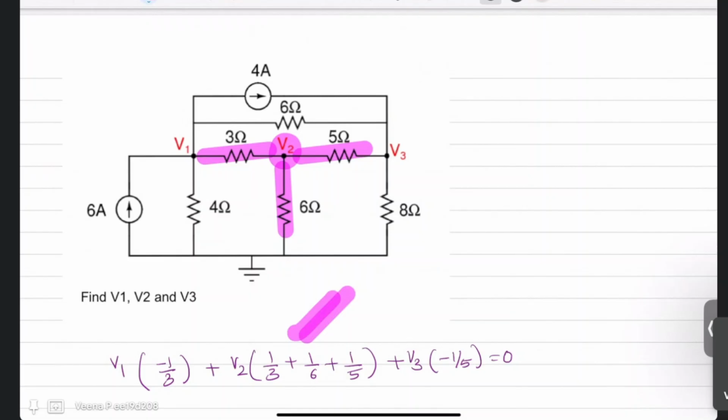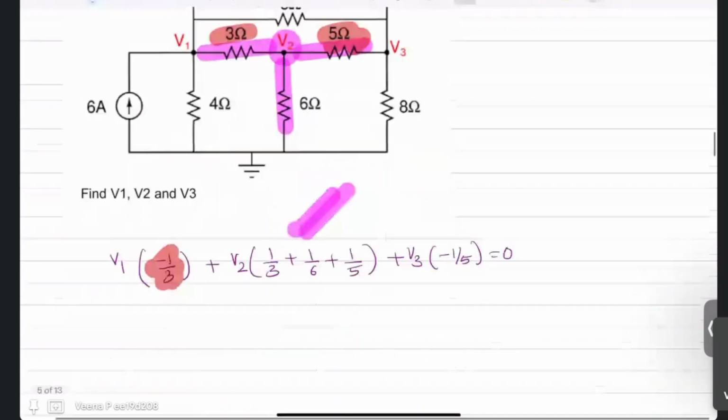The coefficient of V1 will be the negation of the admittance connected between 1 and 2, which is V1 times minus 1 by 3. And the coefficient of V3 will be the negative of the admittance connected between 2 and 3, which is minus 1 by 5. So this is how you write the nodal equation directly.